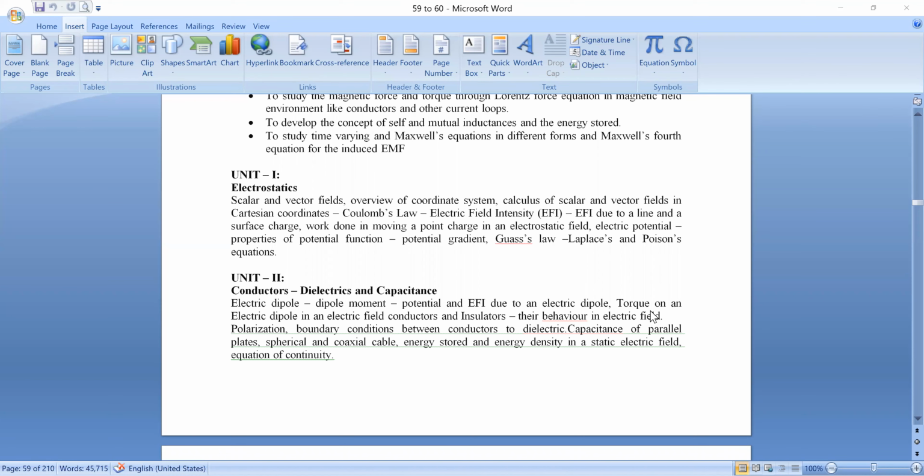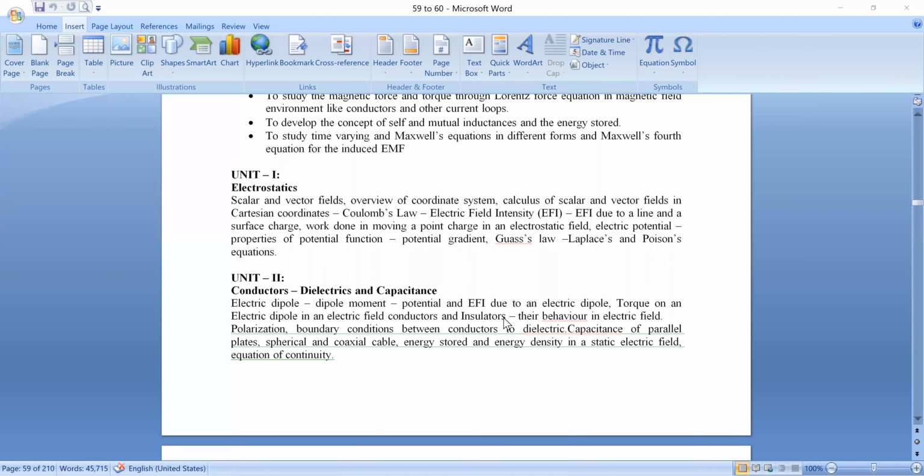In this case, we also find the torque acting on the dipole, and the characteristic properties of conductors and insulators and their behavior in an electric field. That means how the properties are changed when they are placed in an electric field.